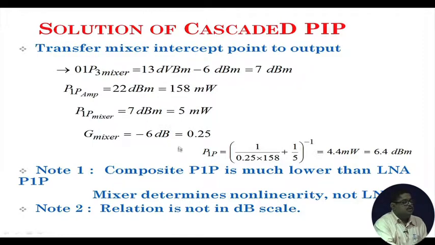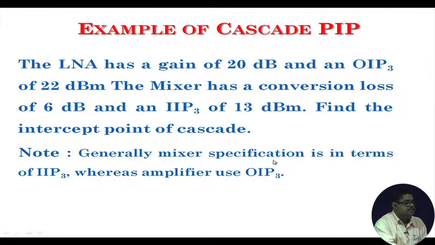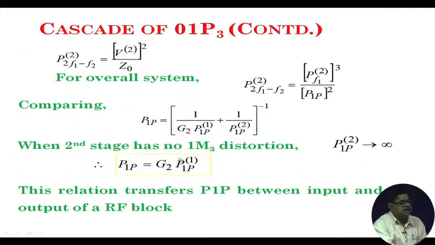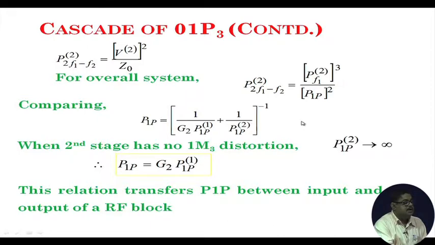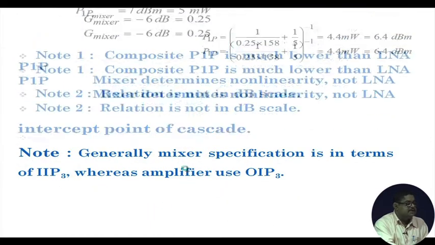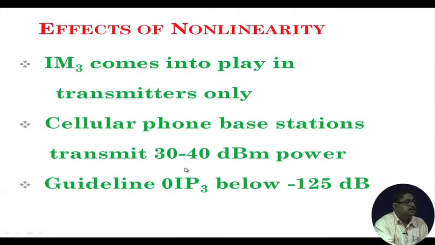So, even though the single mixer has quite a good amount of nonlinearity, due to the presence of the LNA you have this relation. Also remember that this relation is not in dB scale, that I have said previously also. Yes, you see that this relation is in absolute scale. In all these derivations we have used absolute scale. You can convert it to dB scale if you want, but as it is, this relation is not in dB scale.